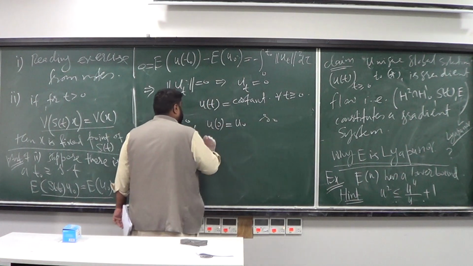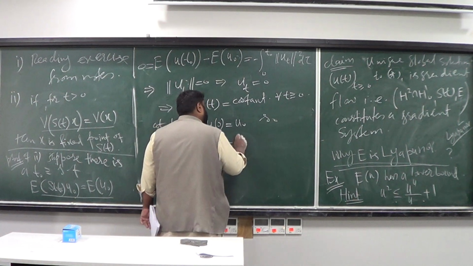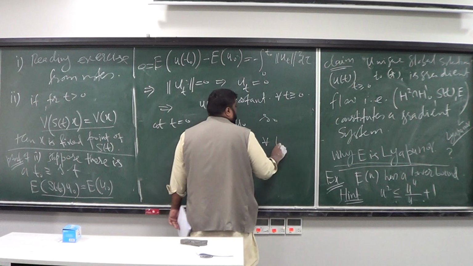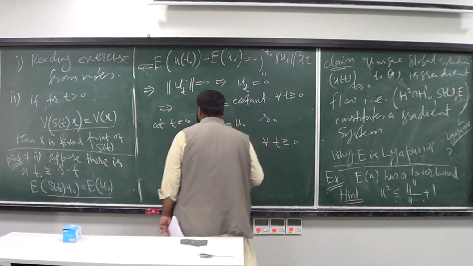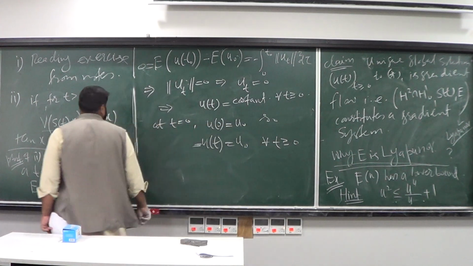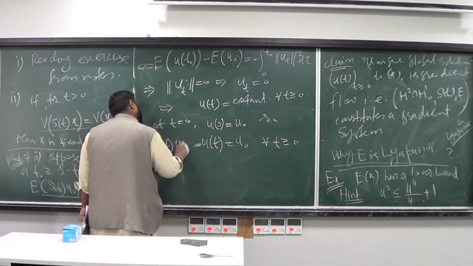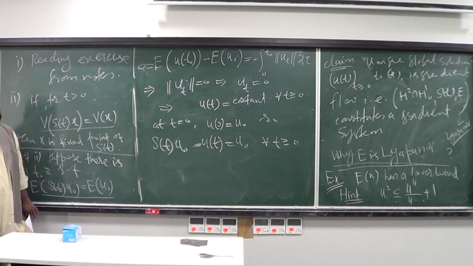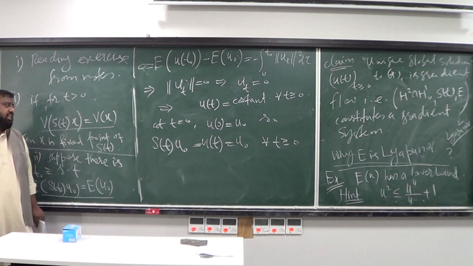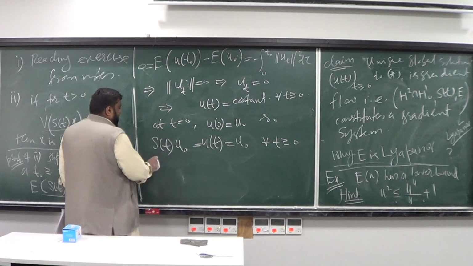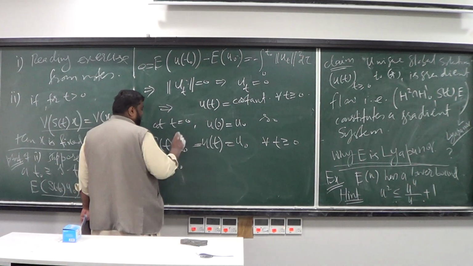So you're going to say that your u of t is equal to u naught for all t bigger than or equal to 0. But you can also write your u of t as S of t u naught, by definition. So if your u of t is S of t u naught and it's equal to u naught for all t bigger than or equal to 0, tell me what is your u naught.